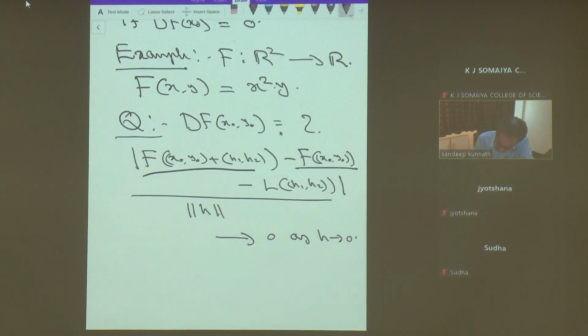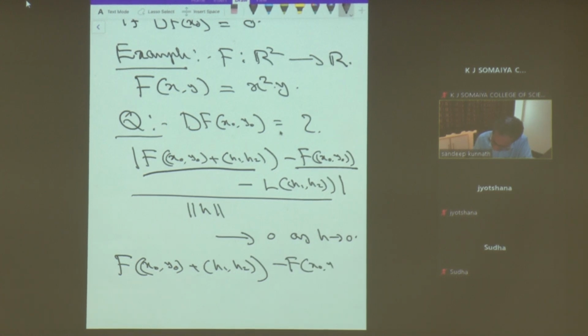What is f of (x naught, y naught) plus (h1, h2), minus f of (x naught, y naught)? Let's see what it is.